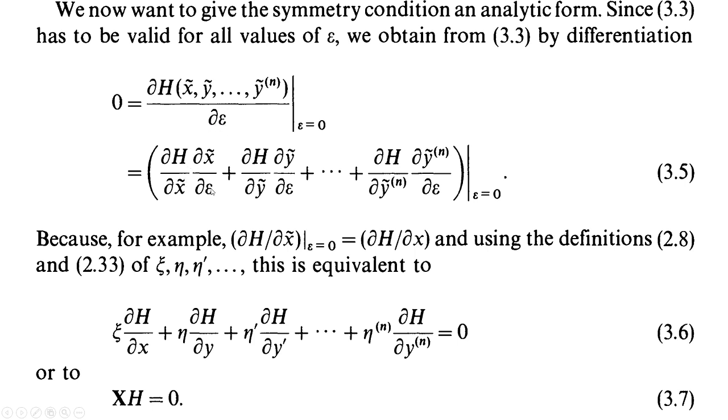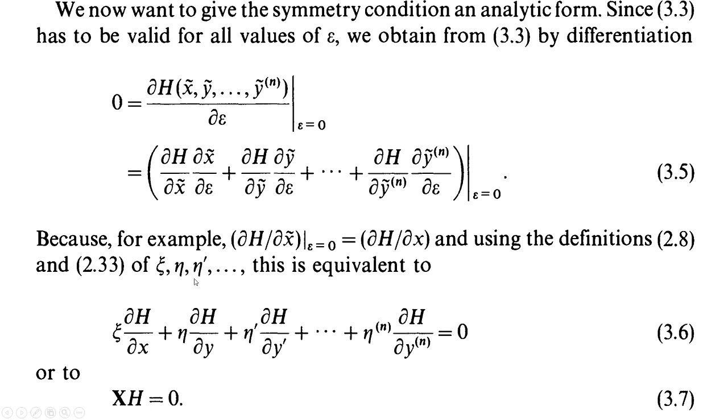Using the chain rule, we have this equation. This is the change in H with respect to x bar and the change in x bar with respect to epsilon, the change in the differential equation with respect to y bar, the change in y bar with respect to epsilon, and so on. So what is partial x bar by partial epsilon?